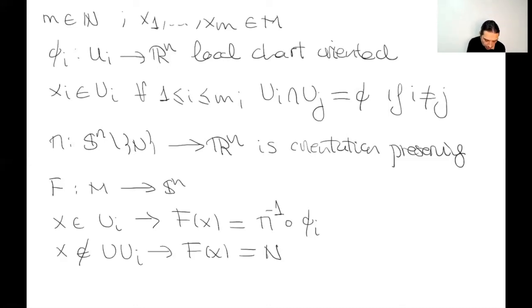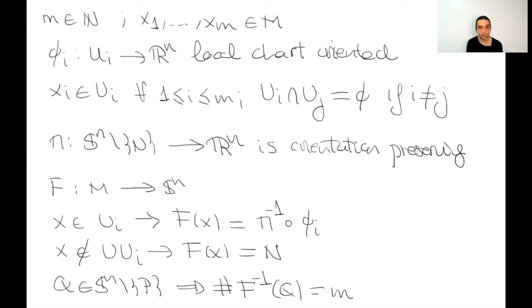And if we consider a point q in the sphere which is different from the North Pole, what we have is that the preimage of q has exactly m points. Moreover, these maps preserve orientation, so the degree at these points is exactly equal to 1.